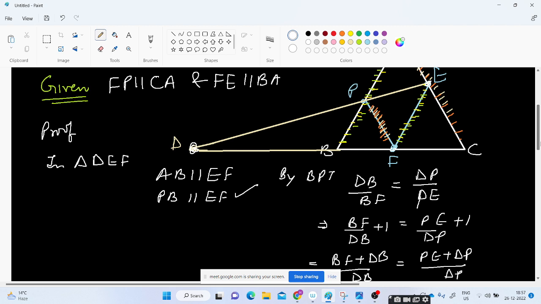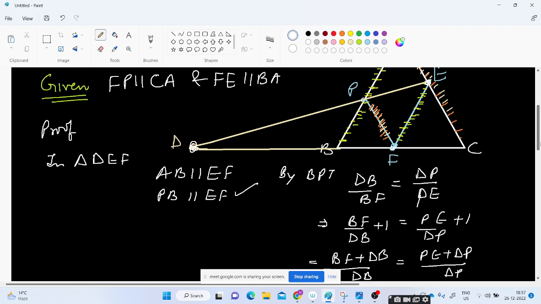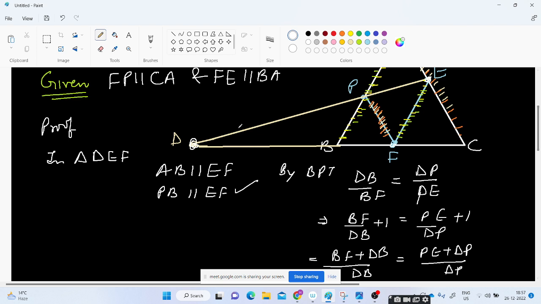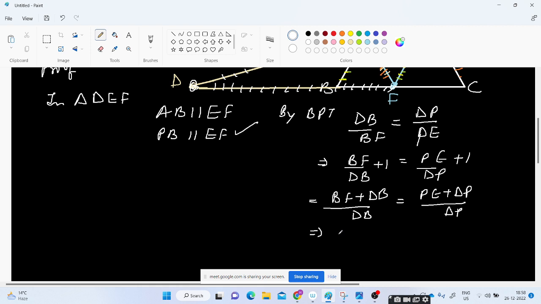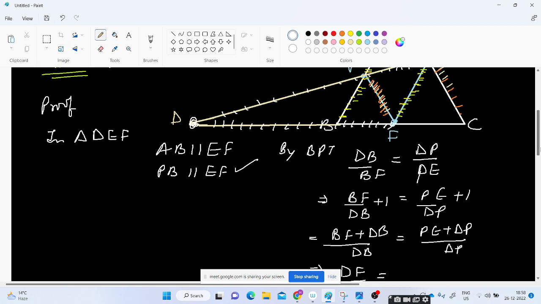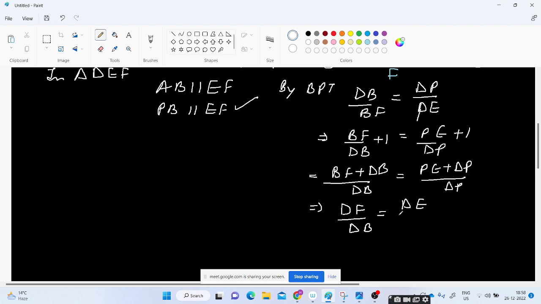See, in the triangle DF, BF and DB, so the whole will be obtained, that is DF you will get. And PE and DP, so PE and DP is DE. That is, you are getting DF upon DB is equal to DE upon DP. Okay, beta, this much is the first one.